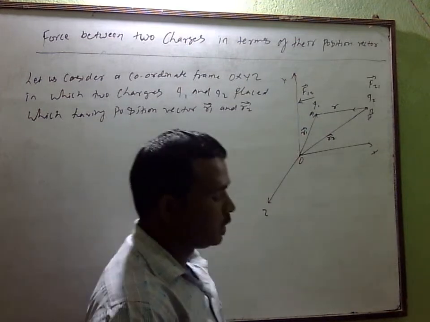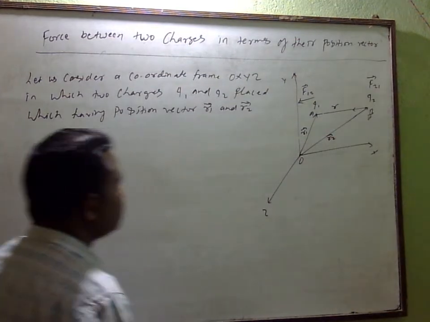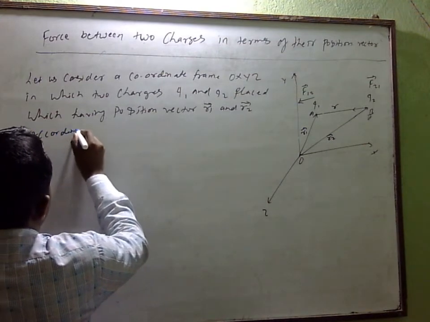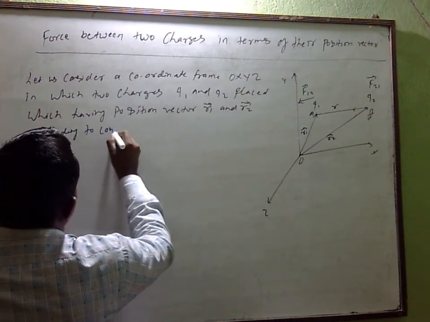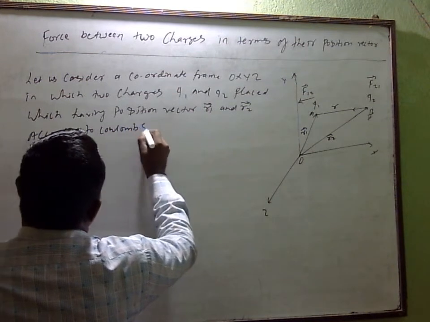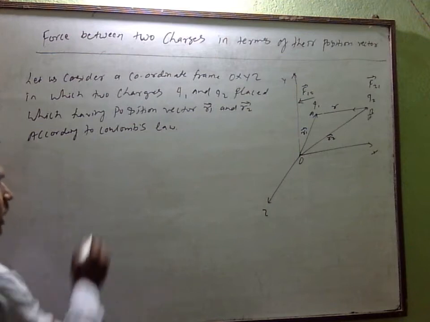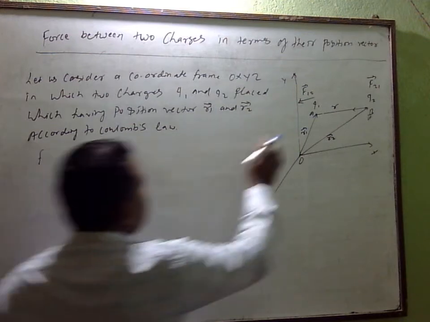So according to Coulomb's law, what can we write? According to Coulomb's law, we can write F12, we can also give the numbering here.